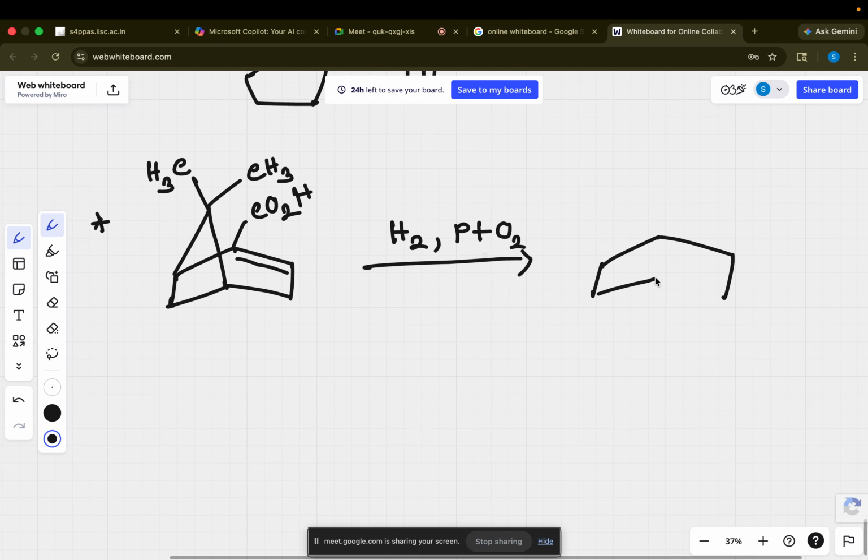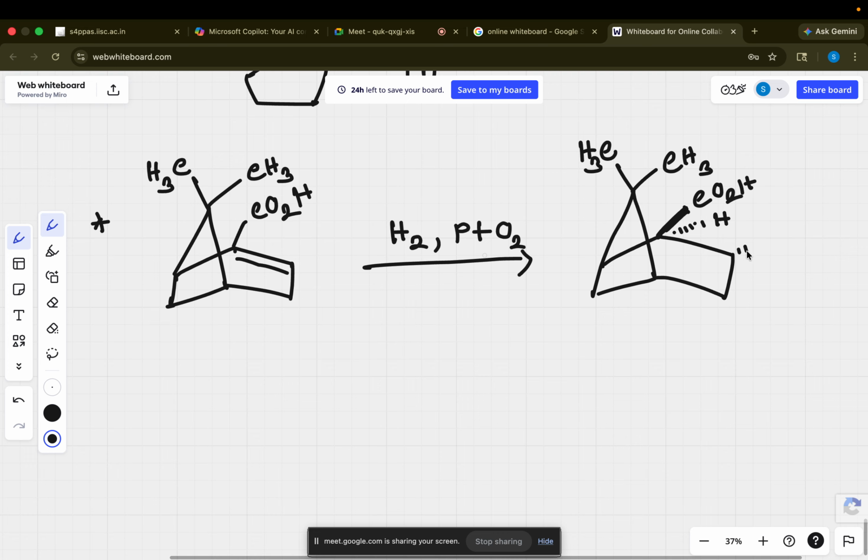Now the question is from which side they will approach. Syn addition is fine, from below the plane. Why? Because of steric hindrance. Above the plane you already have this group, this bridging type of unit. So the hydrogens will approach from below the plane, correct?